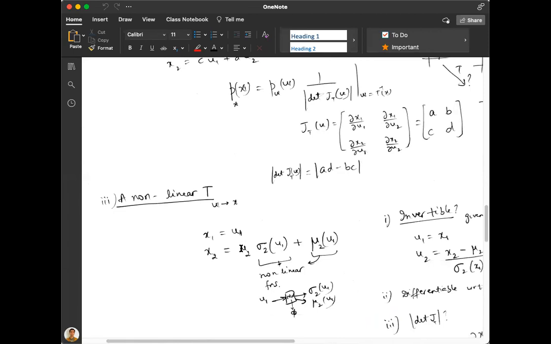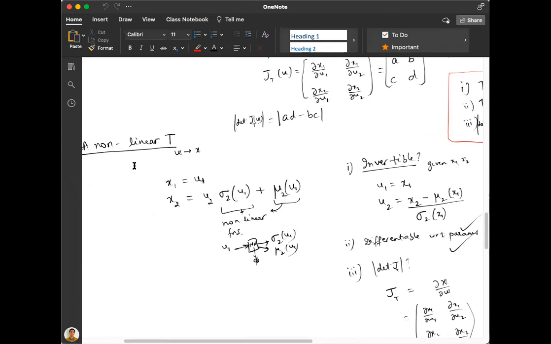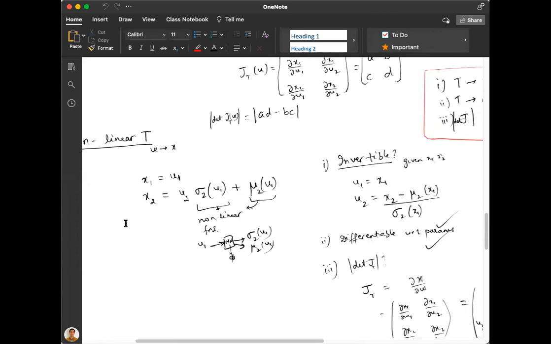So for that, the remedy we thought of is, okay, let's have a nonlinear transformation, and how to make it nonlinear while still maintaining invertibility. So this was a clever trick to do it. This trick implied that you don't operate on all the dimensions at once. You take the dimensions in an autoregressive way, which means you take u1, and x1 is directly u1, x2 is a function of u2 and the previous x1, or basically it's linearly dependent on u2, but non-linearly dependent on u1 or whatever the previous u's are.